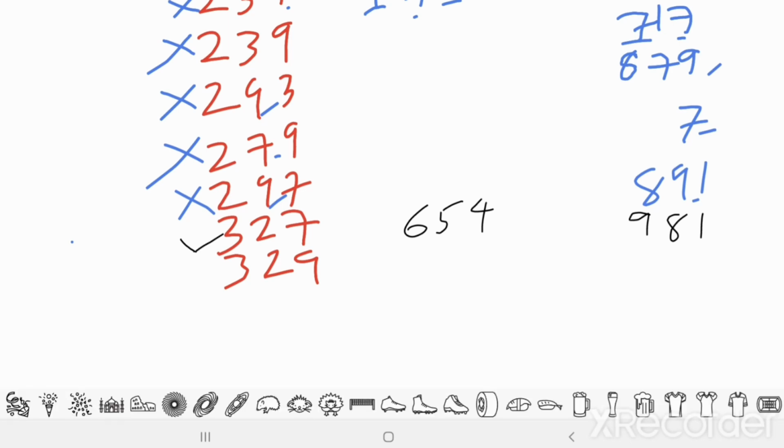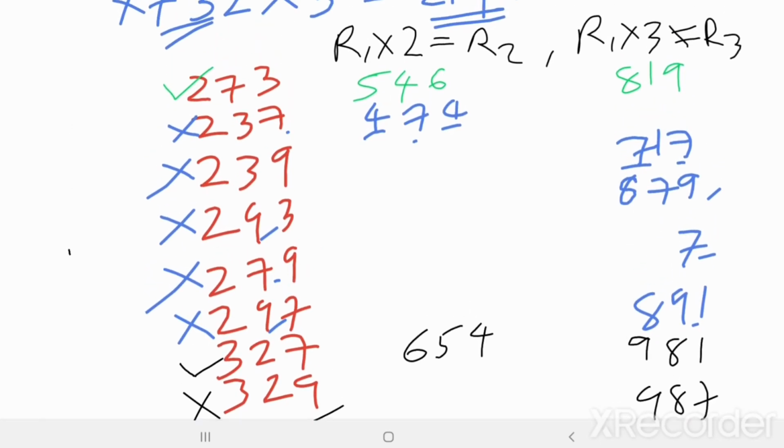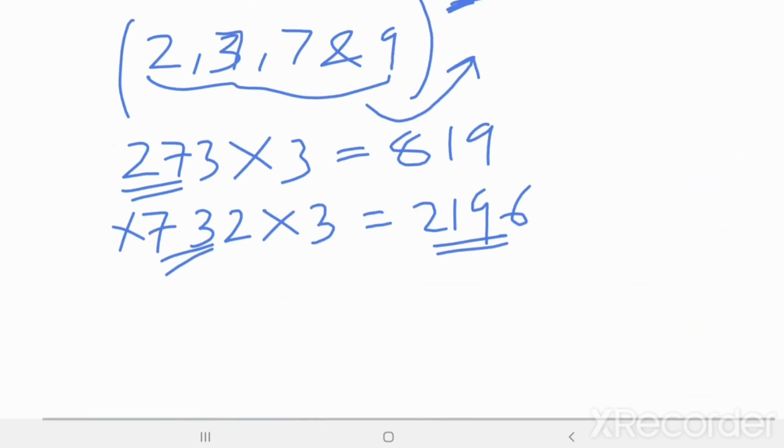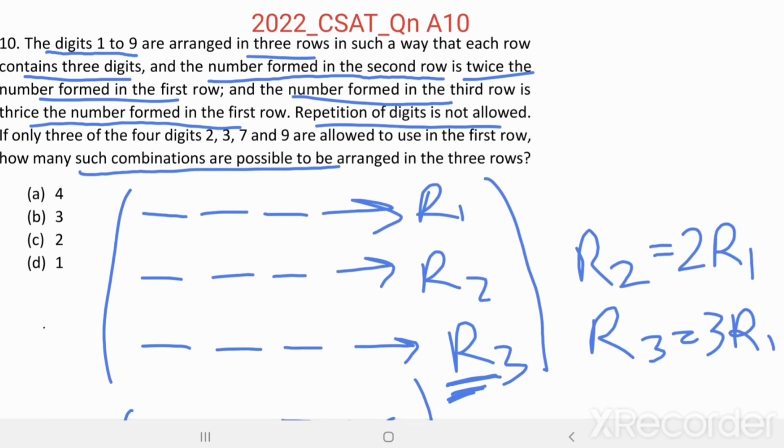Then 329, here multiplying by 3 we get 987. 9 is repeating here, so we can eliminate this also. So there are only 2 combinations which satisfy the given condition. Our answer is option C, 2.